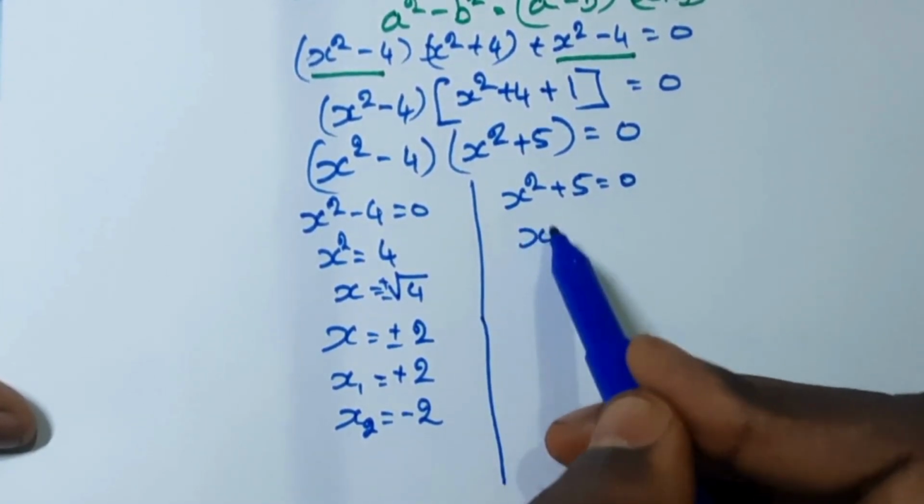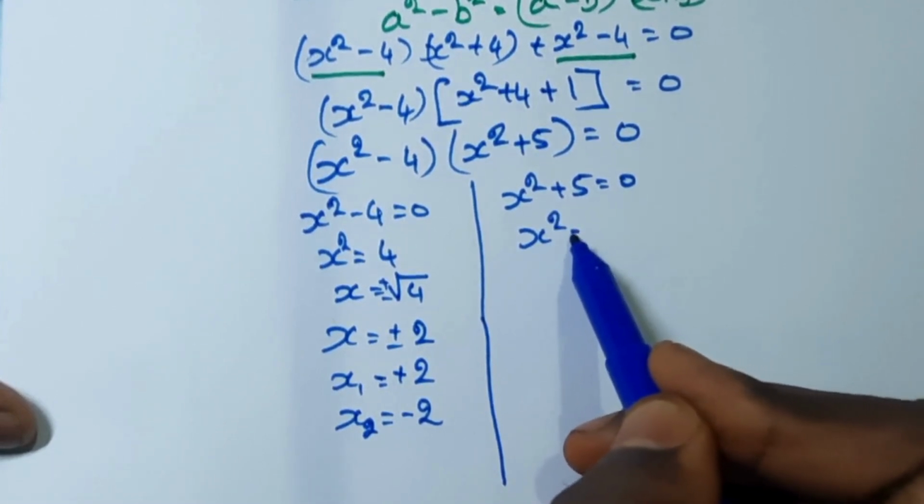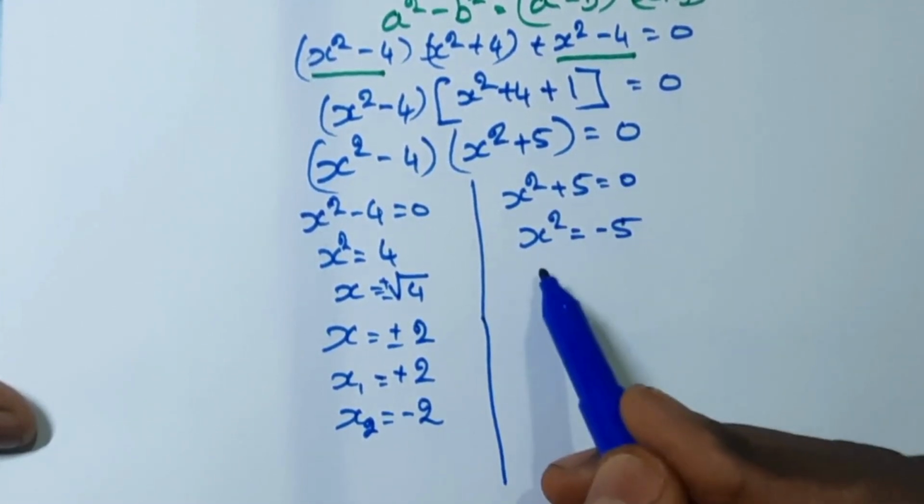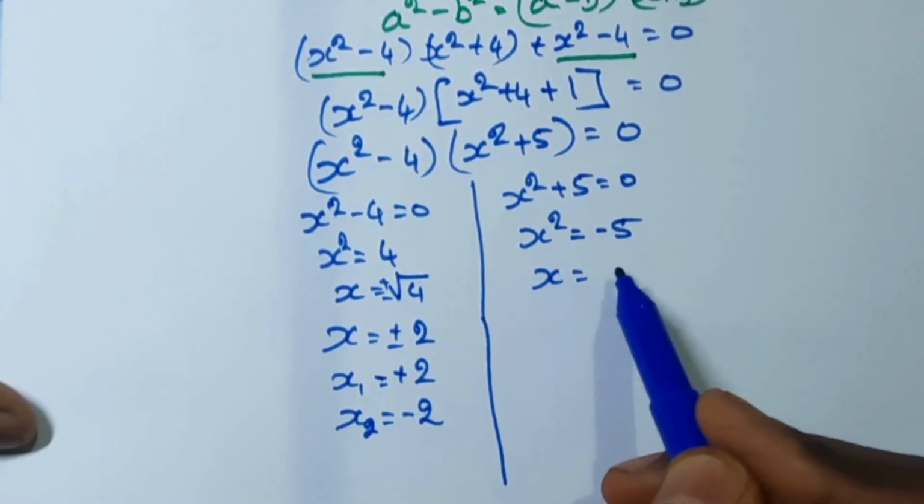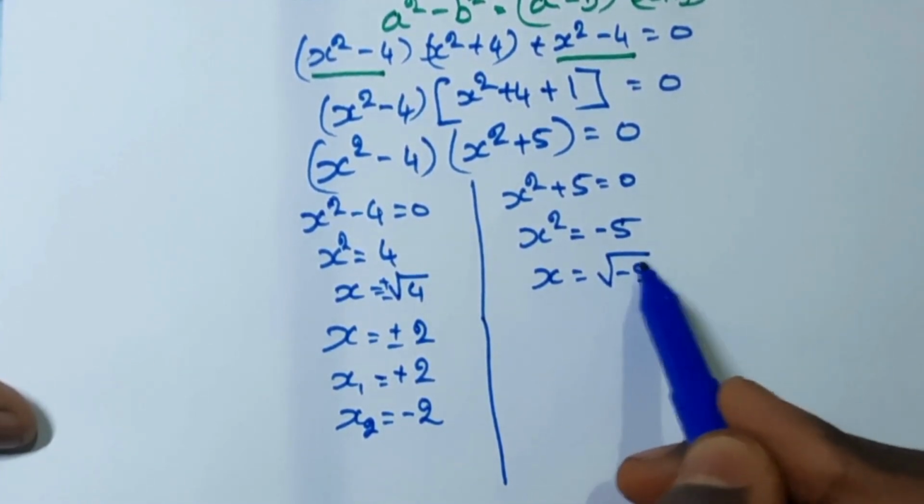This side x square equal to minus 5, x equal to square root of minus 5.